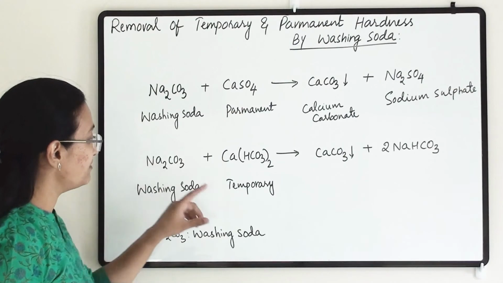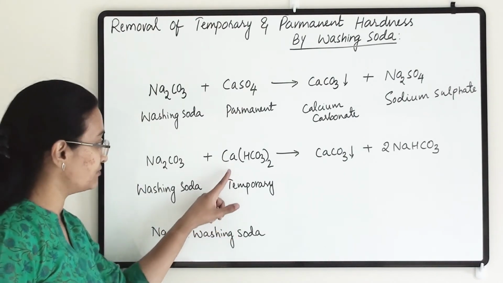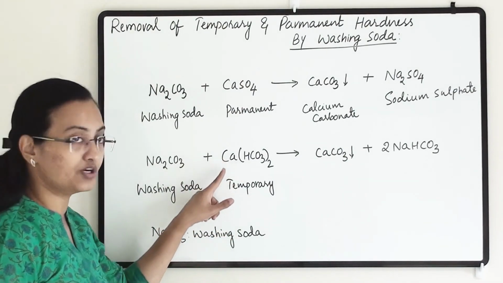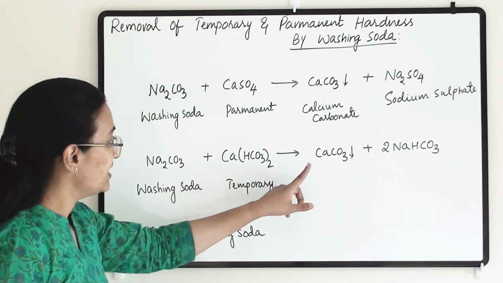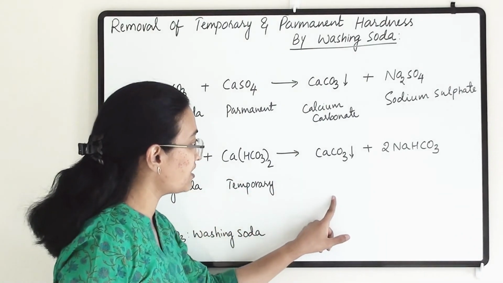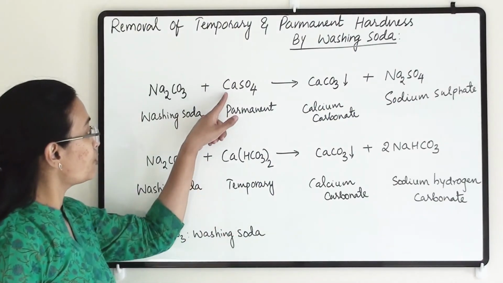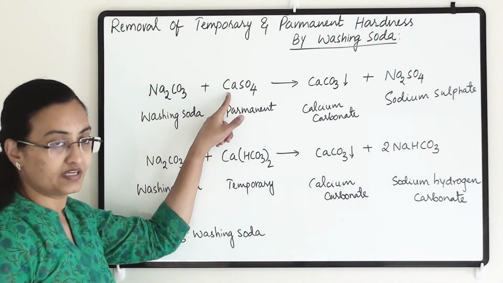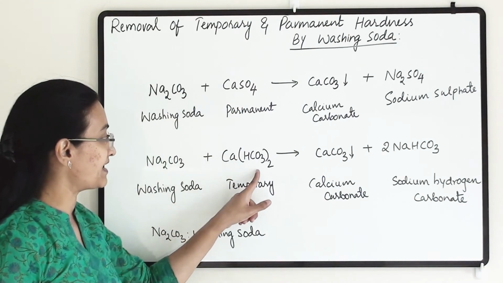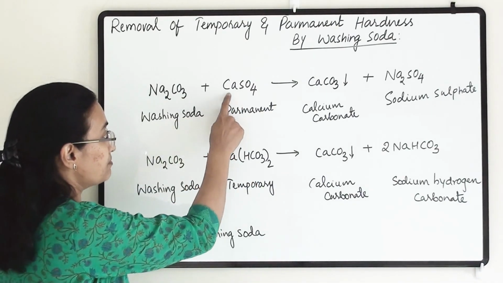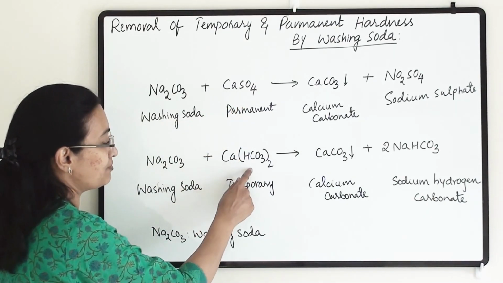When washing soda reacts with temporary hardness of the water, that is calcium bicarbonate or magnesium bicarbonate, it will give us calcium carbonate and sodium hydrogen carbonate. Here two salts are from calcium, that is calcium sulfate and calcium bicarbonate. We can also take here magnesium sulfate and magnesium bicarbonate.